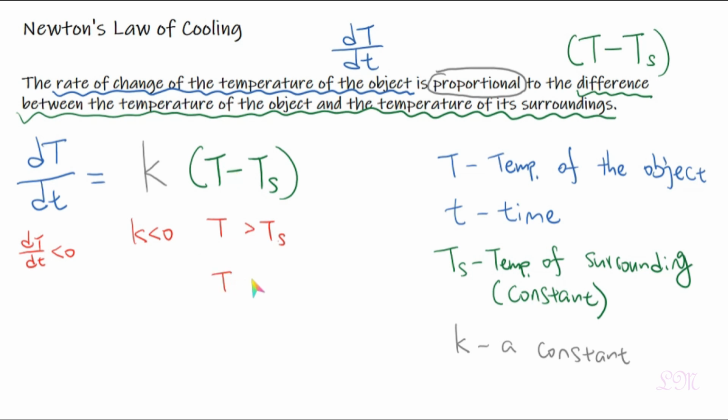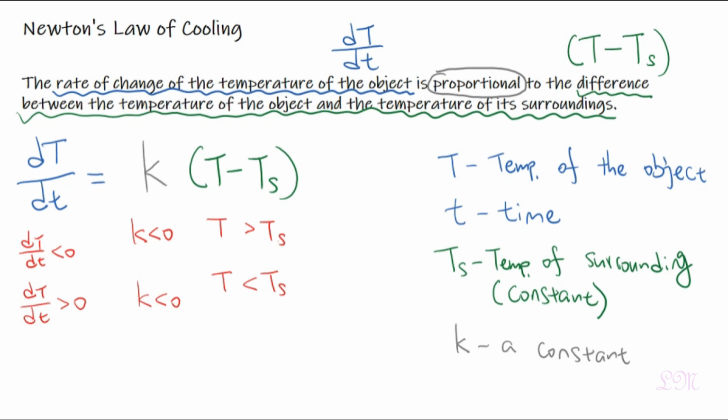The second case: if T is less than T sub s, so the temperature of the object is less than the temperature of the surroundings, T minus T sub s would be negative. This also means we're dealing with heating here. That means the temperature of the object will be increasing, which means dT over dt would be positive. And in order for this to happen, our little k must still be negative.